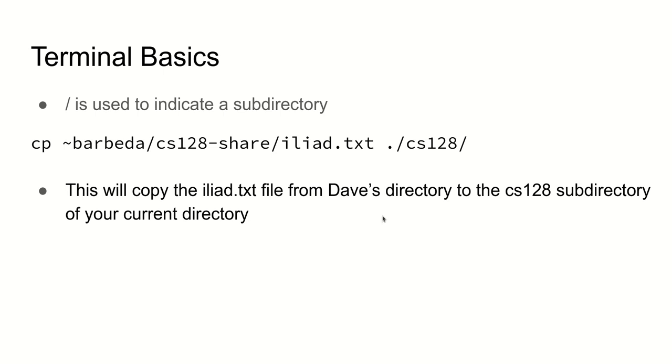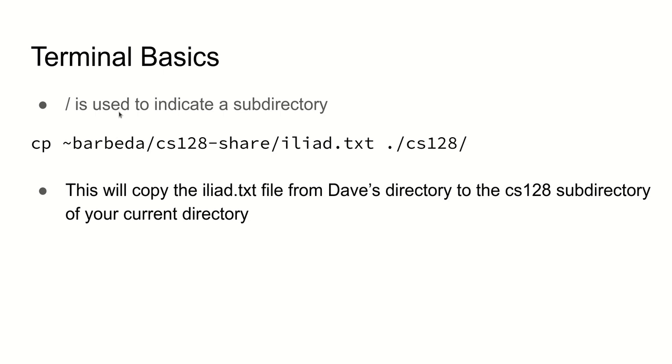As I just sort of hinted at, but to say it more explicitly, the slashes in these indicate subdirectories. So for instance, we can say ./CS128, and that will say, I would like this file to go into the CS128 directory, which is a subdirectory of dot, of my current directory.